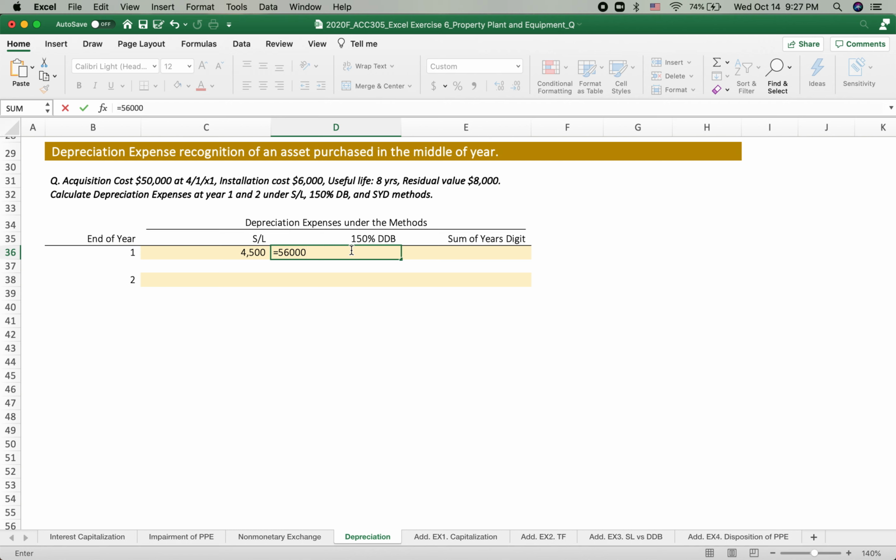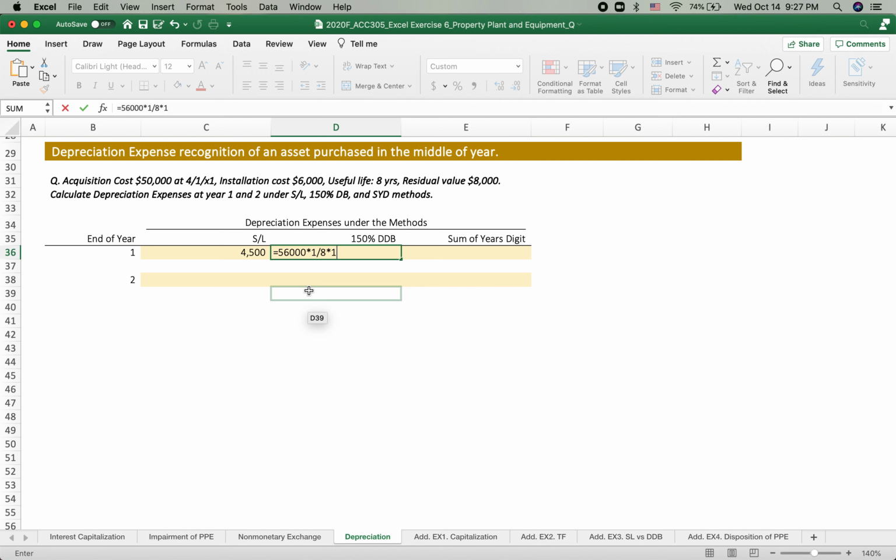At the end of the day, we will plug in this $8,000 residual value in the calculation of the accumulated depreciation. But in the first year, we do not consider residual value. So $56,000 times 1 divided by 8 years.